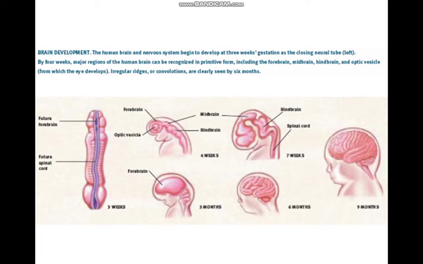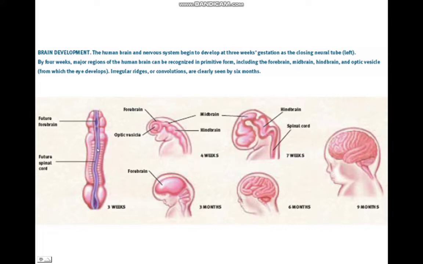In the third week of intrauterine life, there appears a thickening at the mid-dorsal region of an embryo. This is an embryo, and you can see that at the dorsal side, in the mid-dorsal region of the embryo, there appears a thickening which is known as the neural plate.